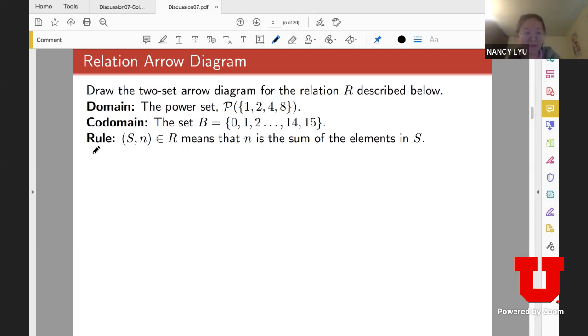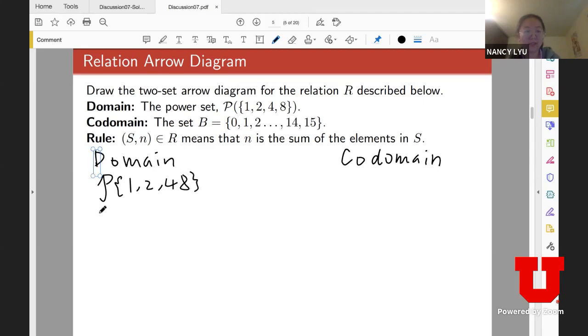We first have the domain here, and a codomain. The domain is the power set of {1, 2, 4, 8}.